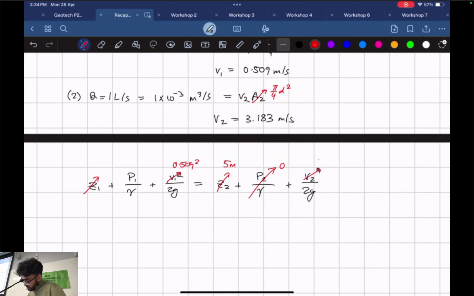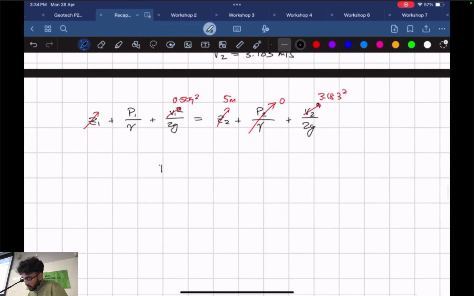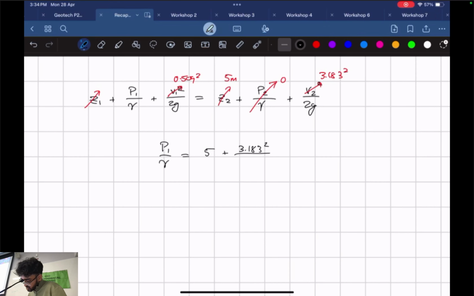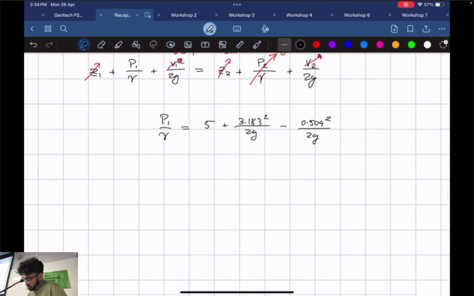This is 3.183 squared. Alright, so rearranging for our pressure head 1, you get 5 plus 3.183 squared over 2g minus 0.509 squared over 2g, which you get to be 5 plus 3.183 squared over 2 times 9.81.